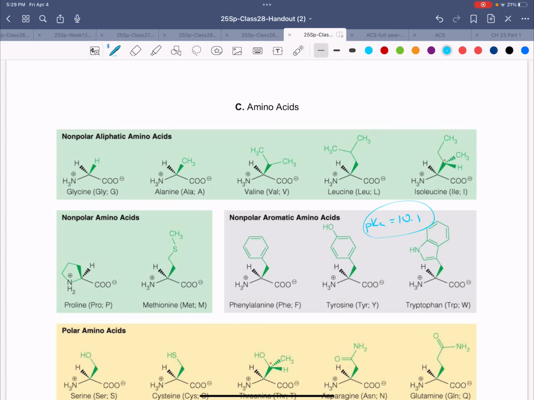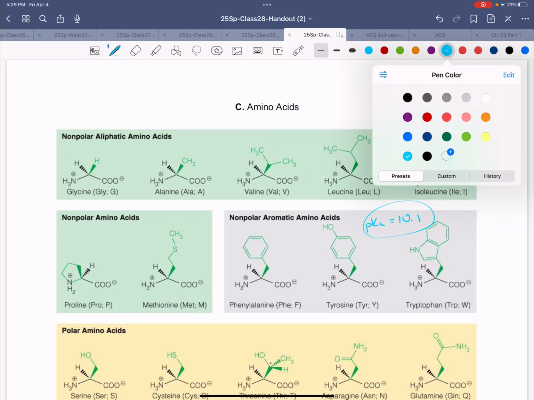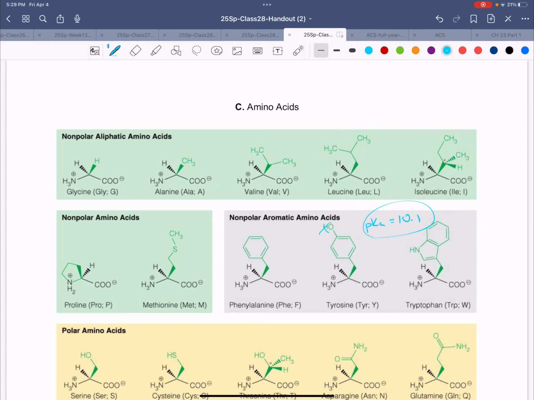Now, does that mean that is the pKa at which we start removing this hydrogen here and make it O minus? Or is this ionizable because at very acidic conditions, this is OH2 plus, and 10.1 is the pH at which we get rid of one of the hydrogens to become neutral? That's what we have to decide.